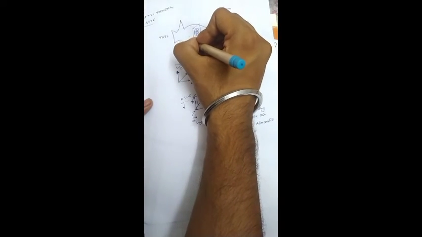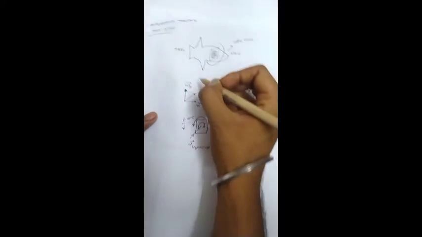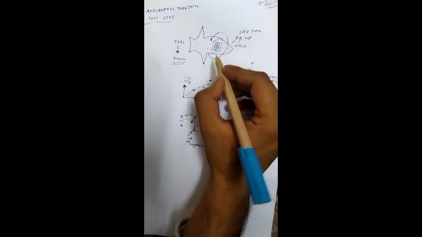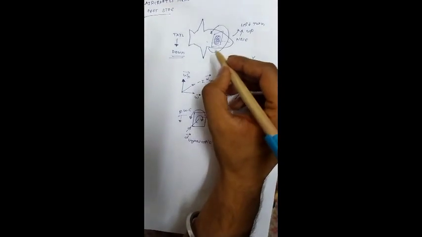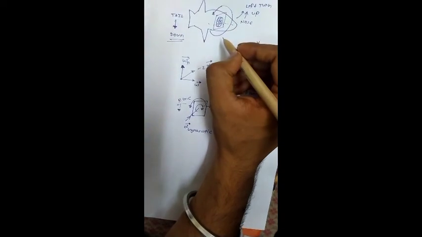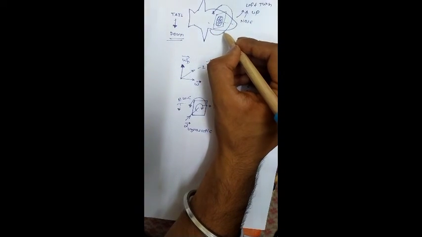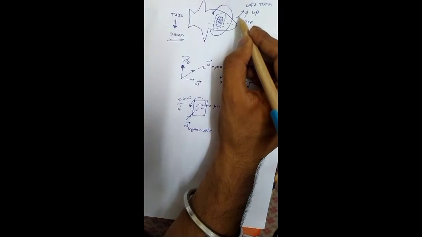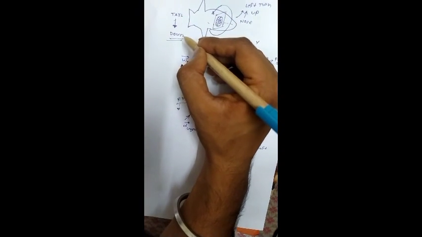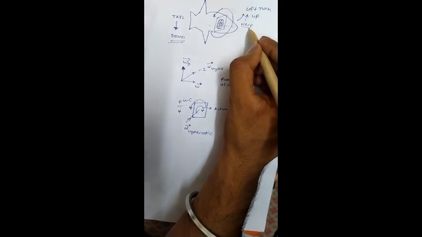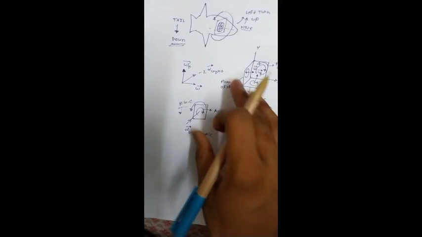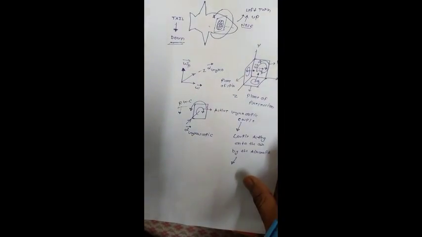Draw the reactive gyroscopic couple here like this and put it onto this aeroplane. This reactive gyroscopic couple will try to lift the nose up and the tail will go down. Nose will go up and tail will go down.